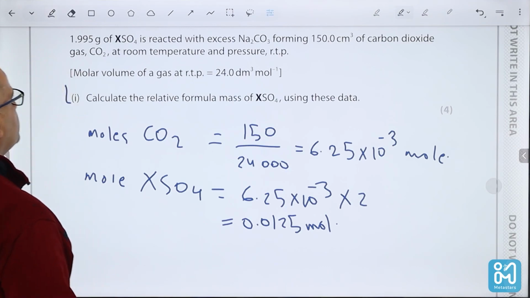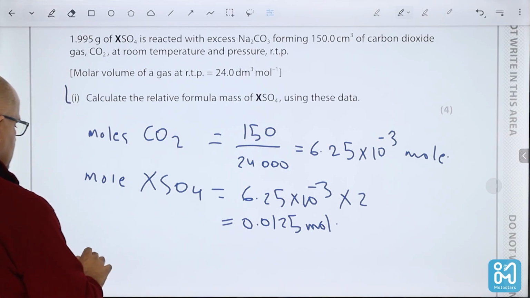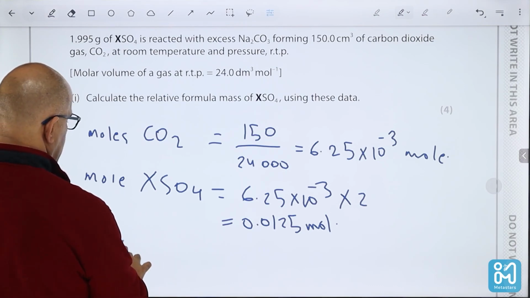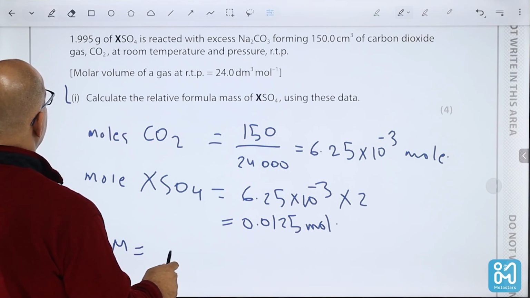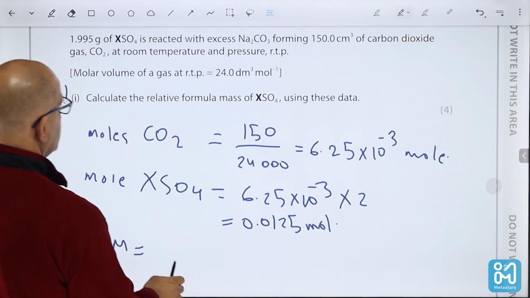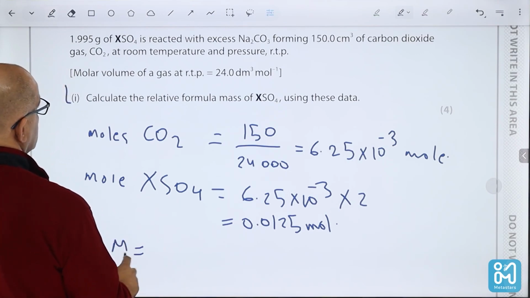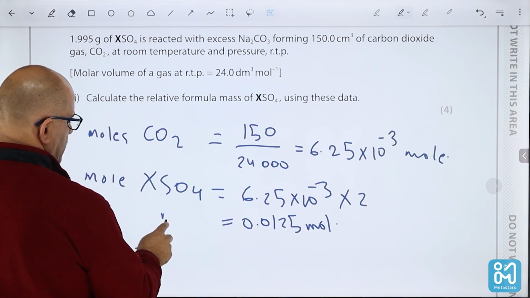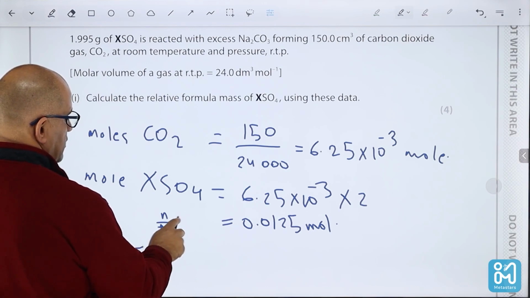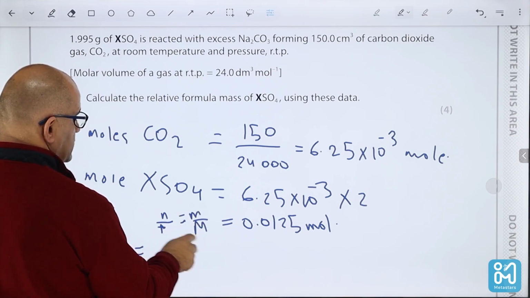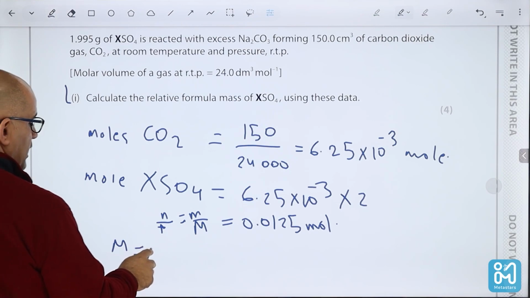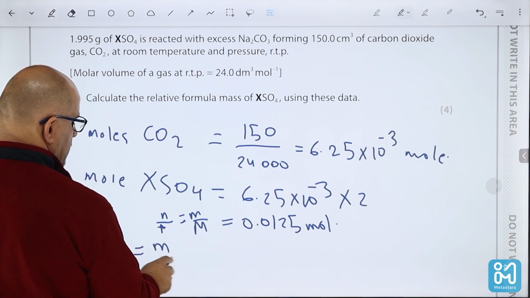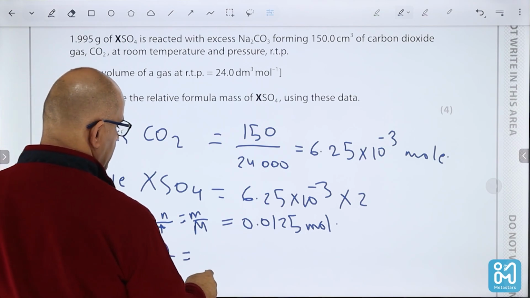Then this is the number of moles, and he gave you the mass. The number of moles equals mass over molar mass, so the molar mass equals the mass over the number of moles.